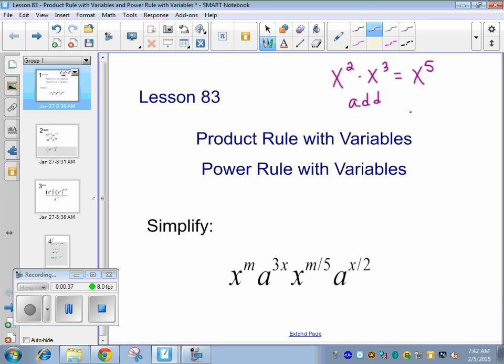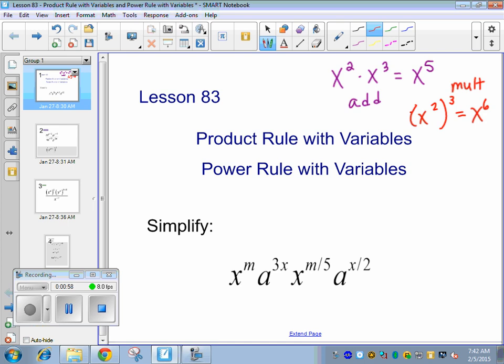And then the other rule that we've learned is when you have a power to a power, then what do you do? That's when you multiply and you get x to the 6. Alright? So when you're multiplying, you add, but when you have a power to a power, you multiply.